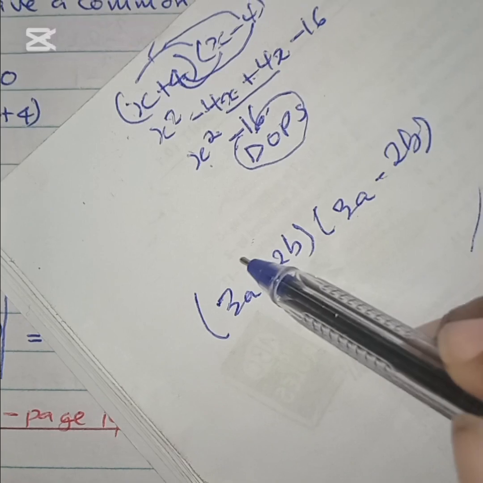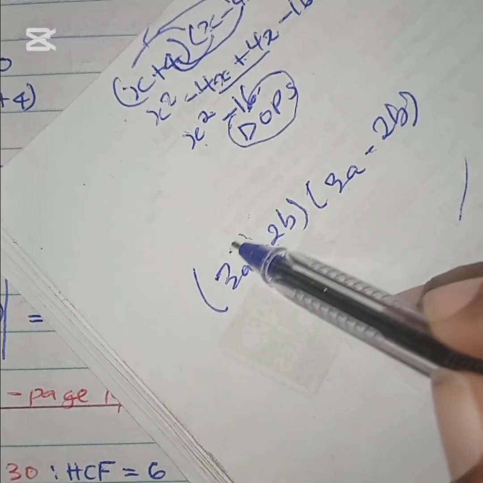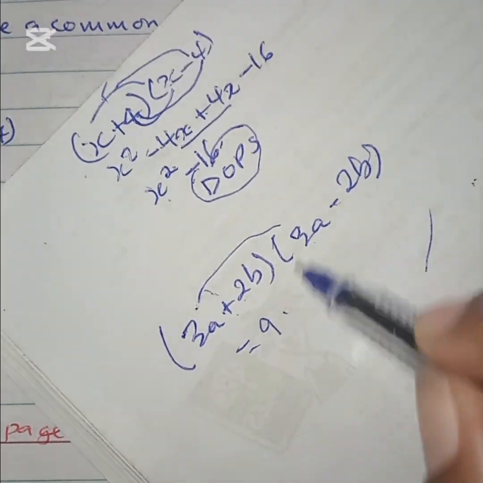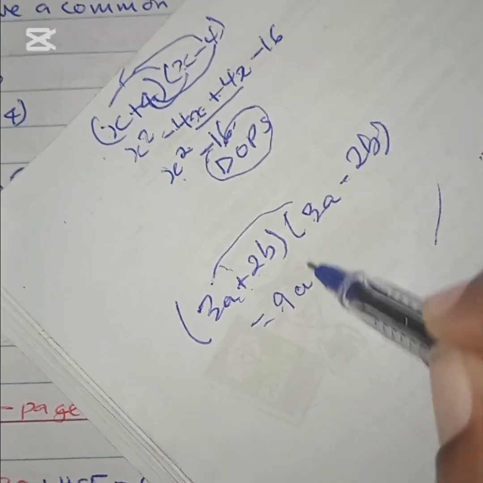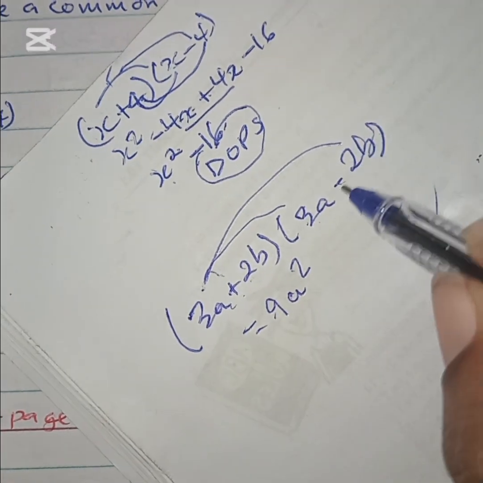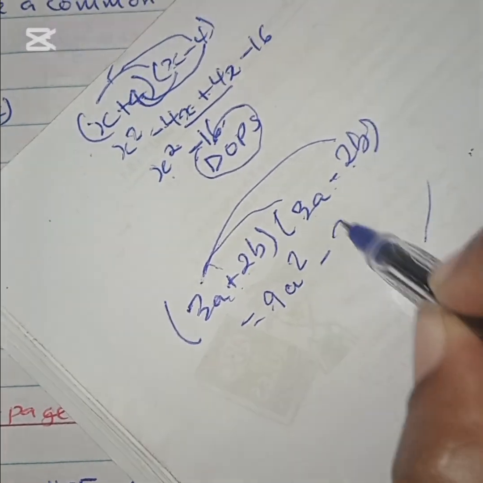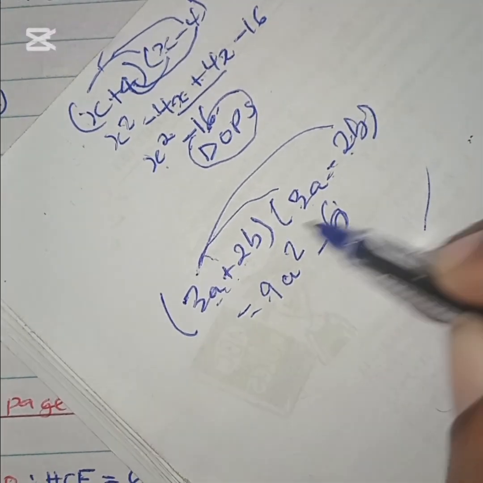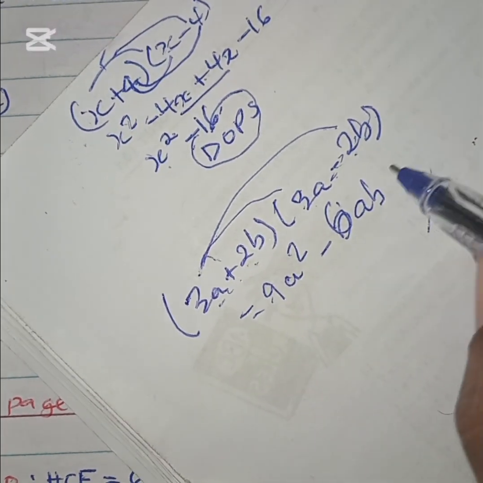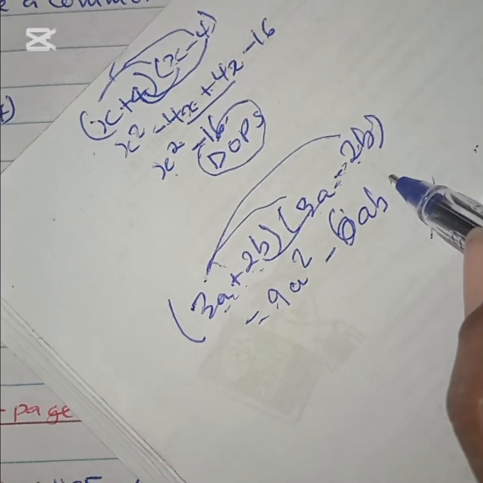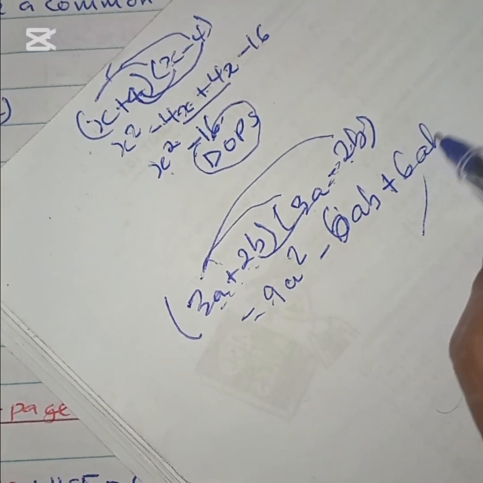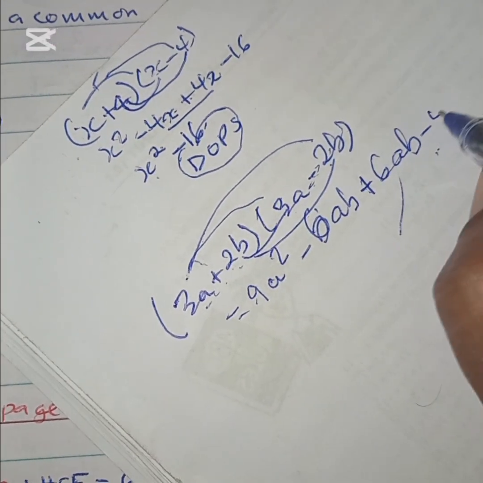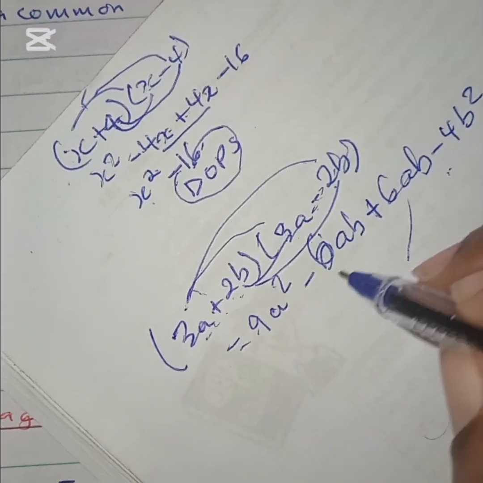Or going the normal way, following the distributive law, 3a times 3a gives 9a squared: 3 times 3 is 9, a times a is a squared. 3a times negative 2b is negative 6ab: 3 times negative 2 is negative 6, a times b is ab. 2b times 3a is a positive 6ab. And 2b times negative 2b is negative 4b squared.